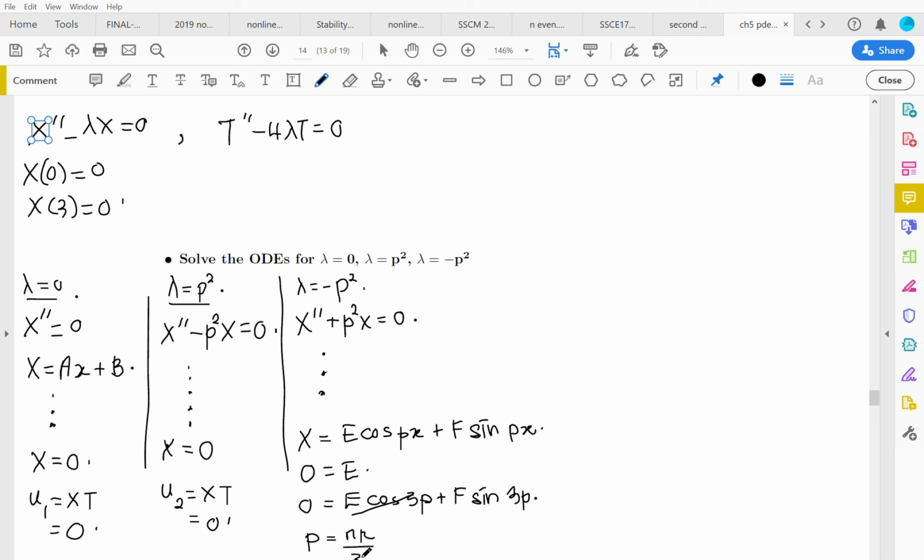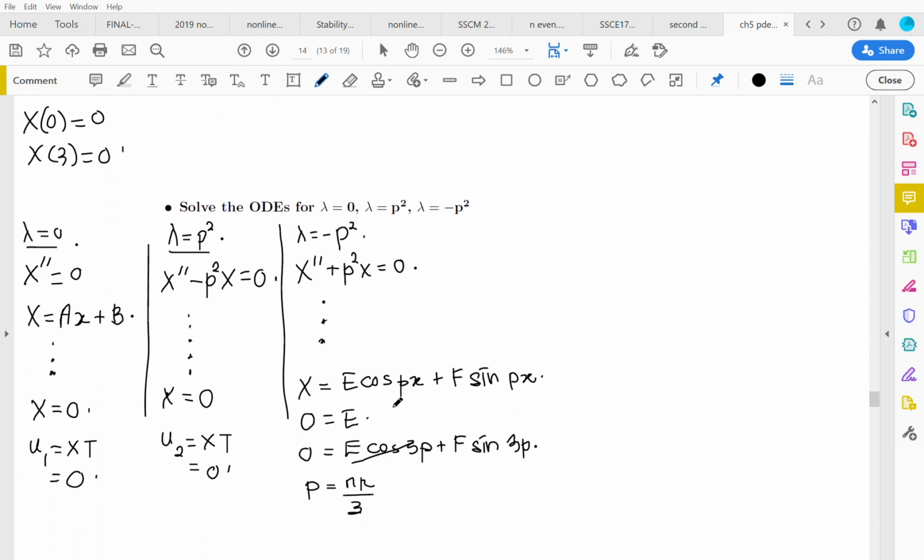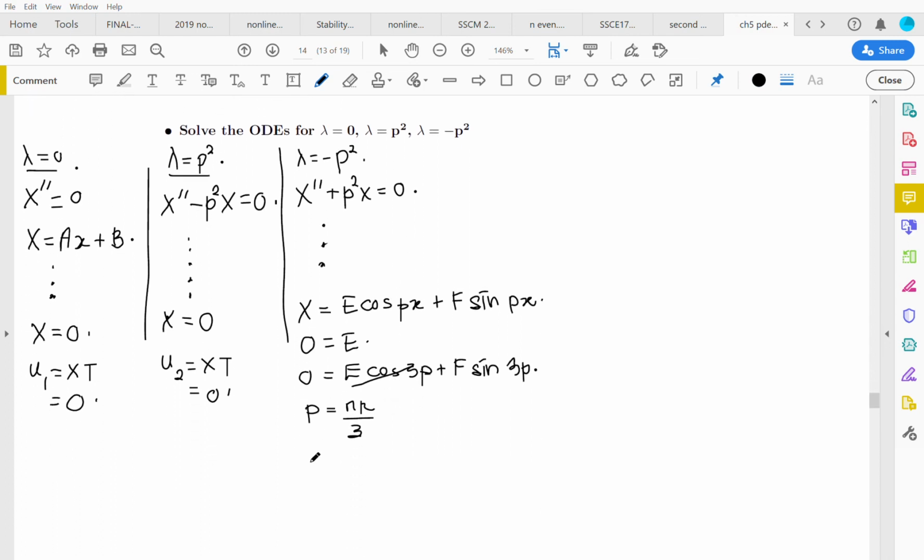The full explanation has been given in the previous examples. So for this case, the solution for x is non-zero, which is equal to f sin n pi x over 3. So the solution exists.